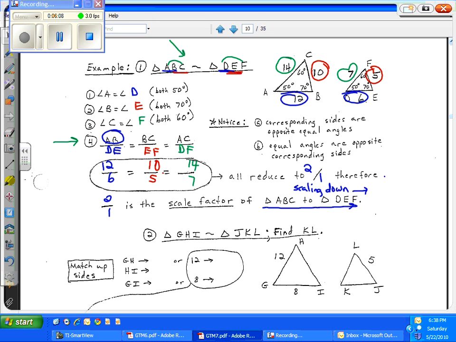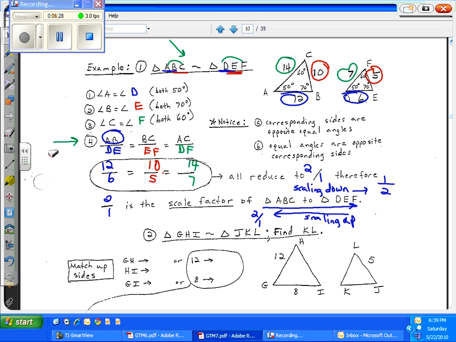And if you scale down, you use the reciprocal 1/2. If you went from DEF to ABC, the scale factor would be 2 over 1, because you would be going from little to big, or scaling up.